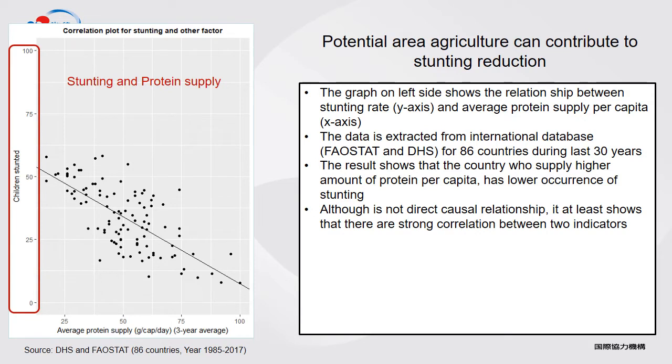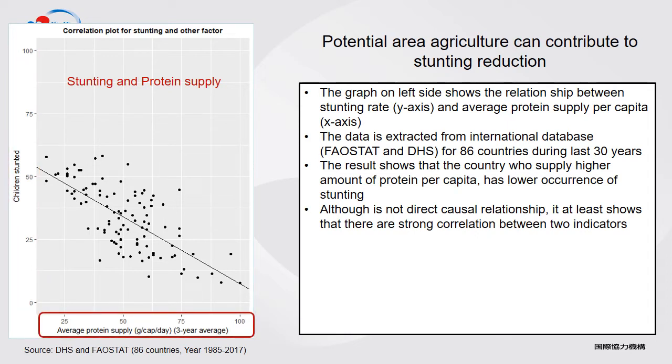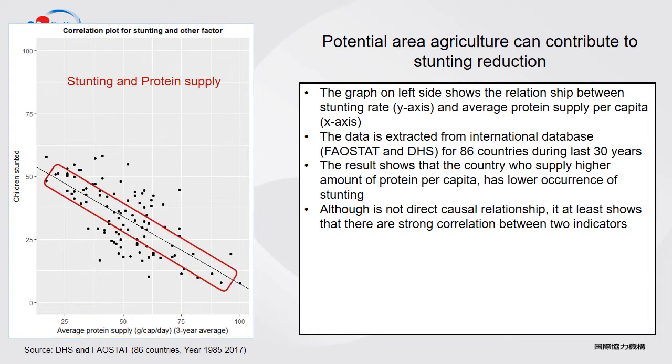Y-axis indicates stunting rate of children at the country level, and x-axis indicates country level average protein supply, gram per capita per day. And from the graph, we can easily understand there is a strong correlation between stunting rate and average protein supply.